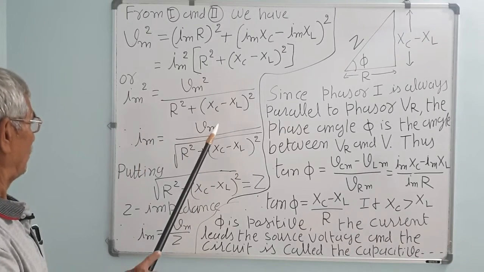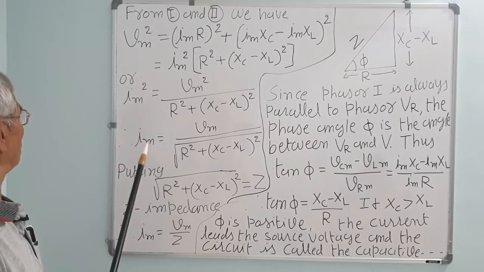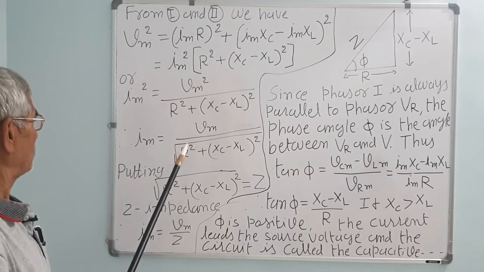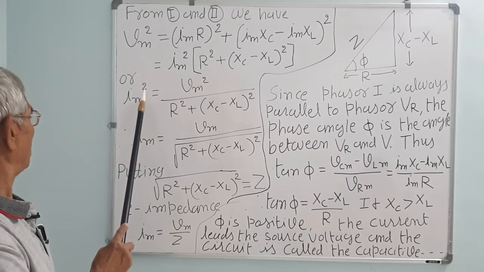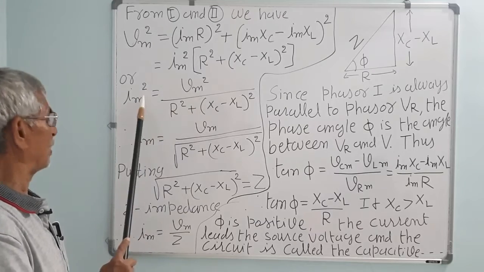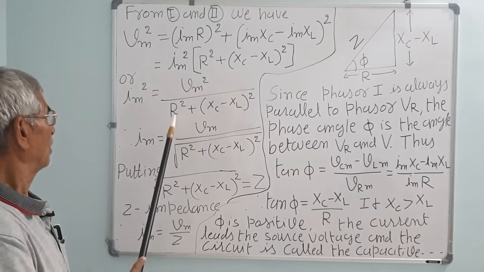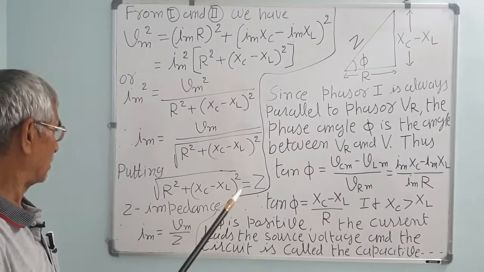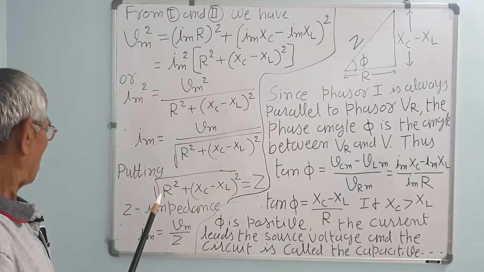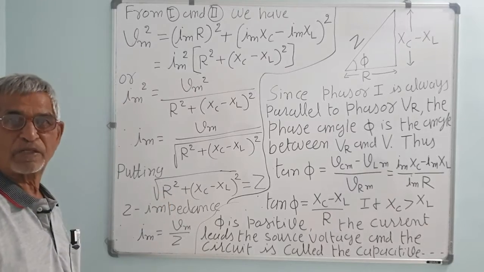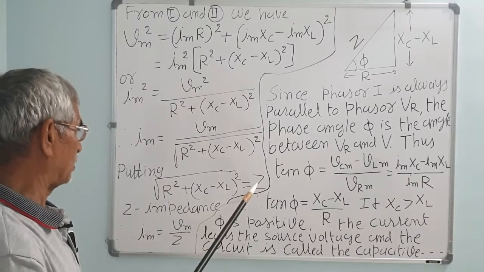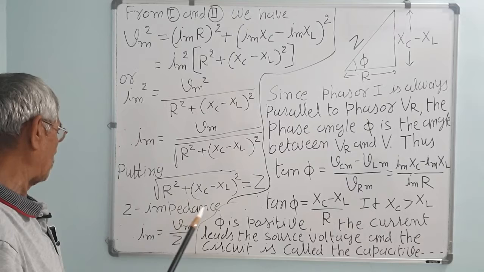Therefore Im is equal to Vm upon under root, taking the square root. So Im is equal to Vm upon under root R square plus (Xc minus XL) square. And this under root R square plus (Xc minus XL) square is the Z, the impedance, the total opposition.